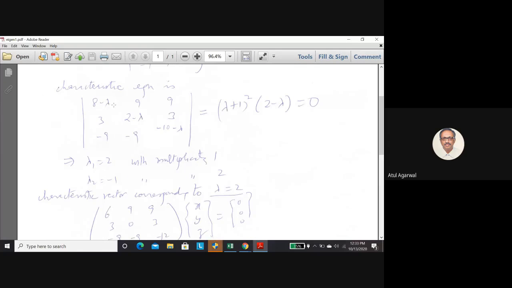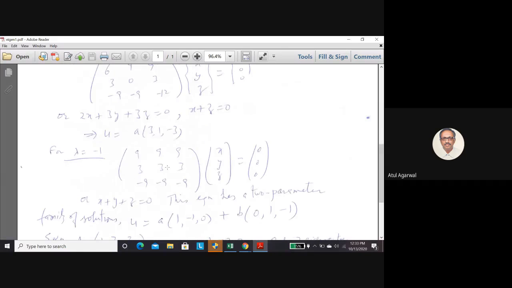So you see lambda is minus 1, so this will become 9. Lambda is minus 1, this will become 3. And this will become minus 9. So you see 9, 3, minus 9, diagonal terms. Rest are same. Into x, y, z is equal to 0.